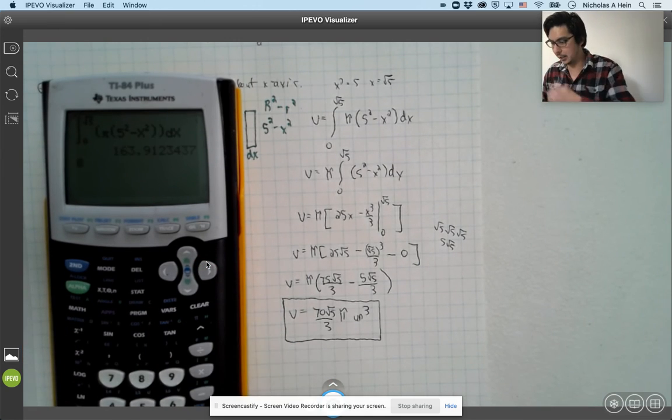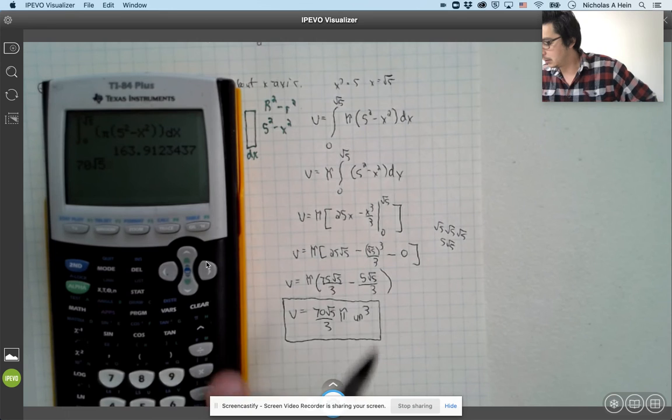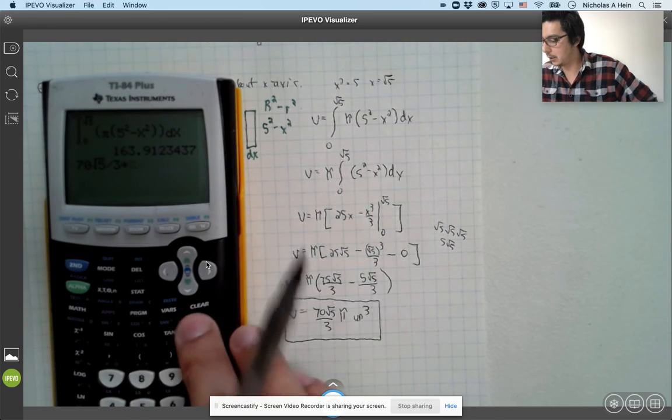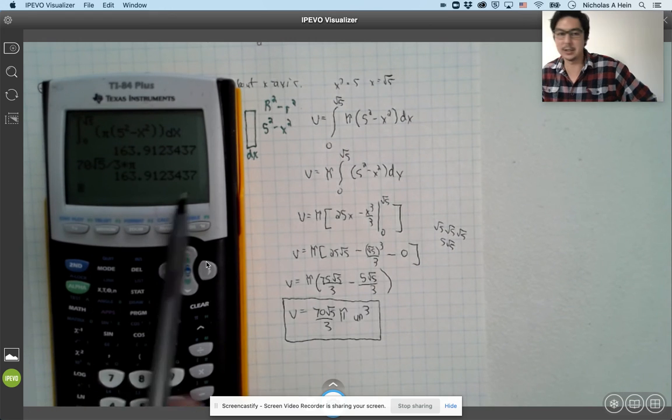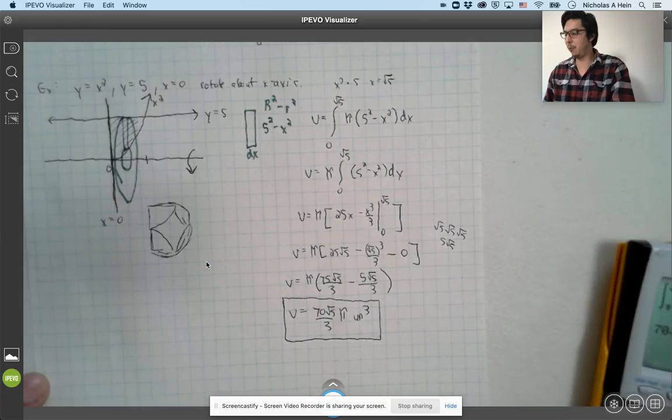And hopefully we get that, which is, is that what we got? Let's see, 70 root 5 divided by 3, and then times pi. And yes, it is the same thing, so we're good to go. Okay. So there it is, volume by washers.